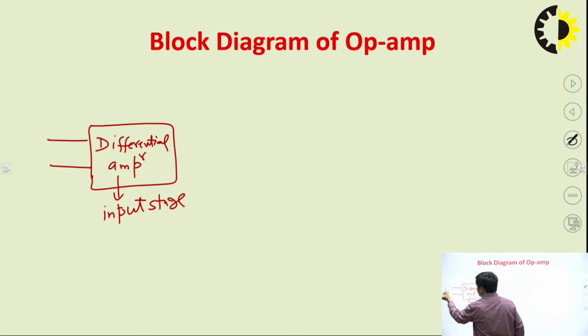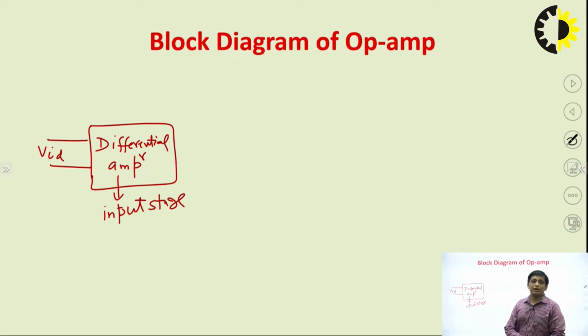Let's say this input differential voltage is VID. So this is the first stage, that is the input stage. Now we have studied this differential amplifier in analog circuits also. There are various configurations of differential amplifier, like dual input balanced output and dual input single-ended output.